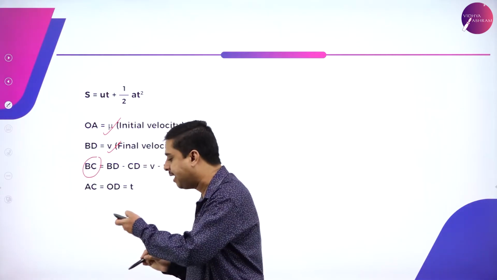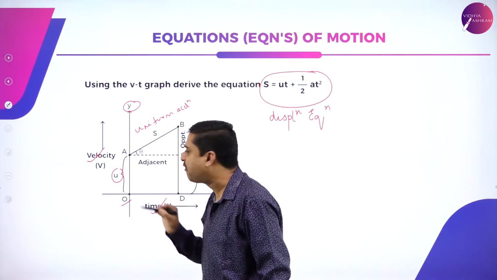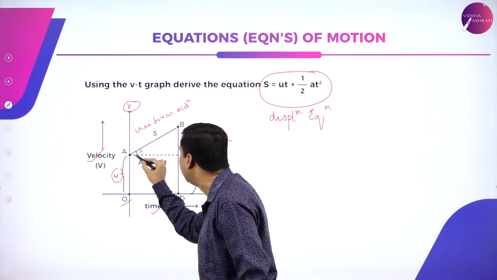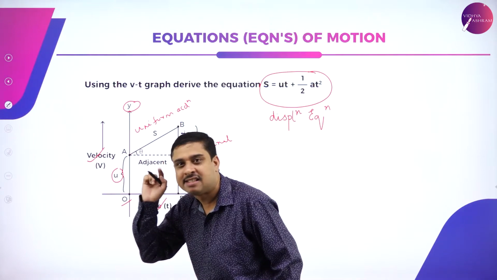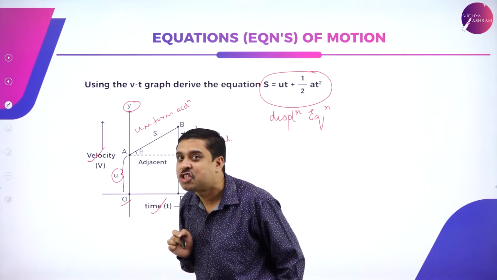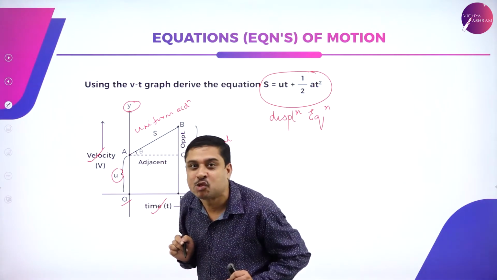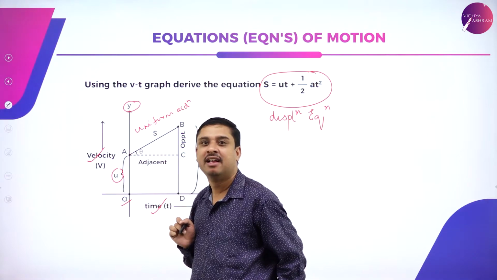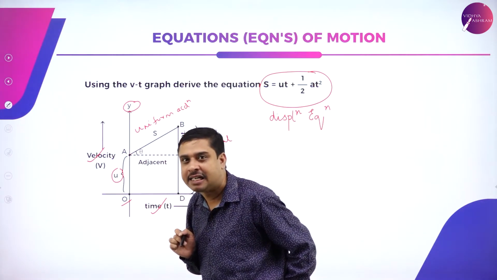And if you observe the diagram, I have constructed a triangle ABC. Why? Yes, sir, you taught us uniform acceleration has to be calculated. Slope has to be calculated. Therefore, we require a right angle triangle.